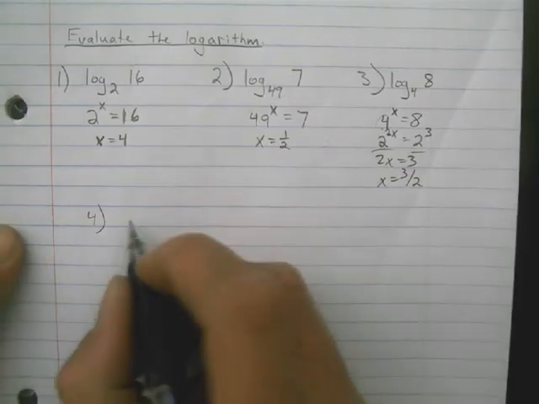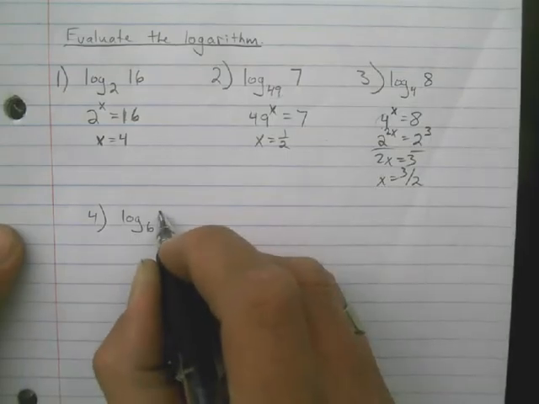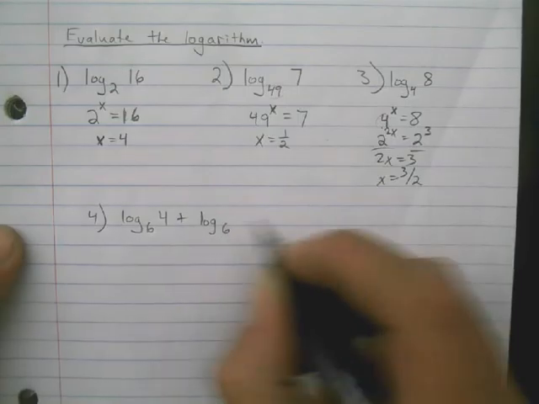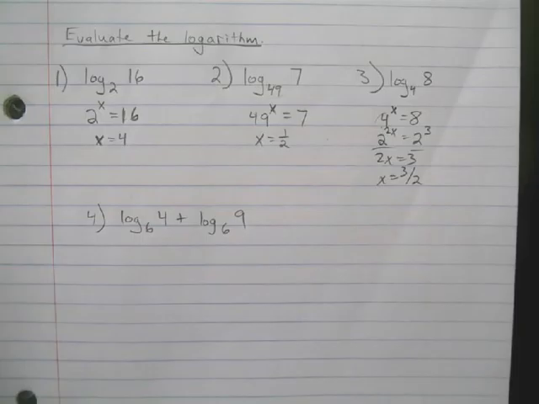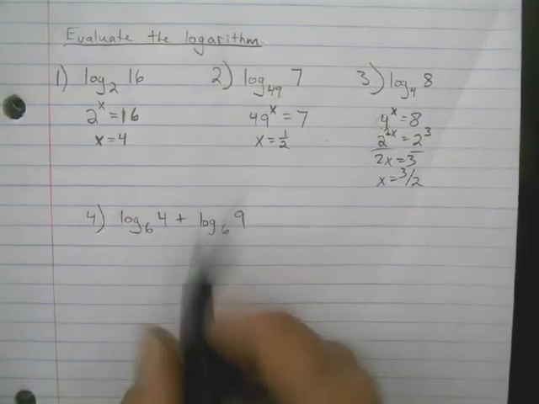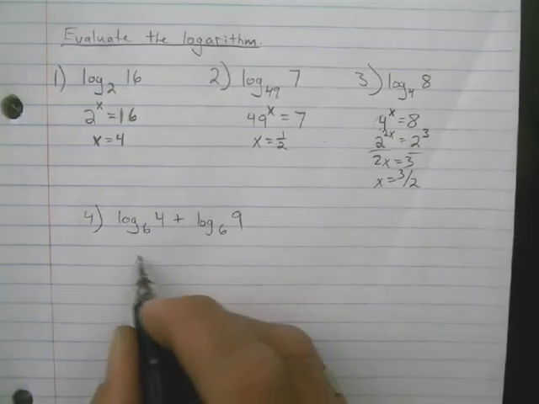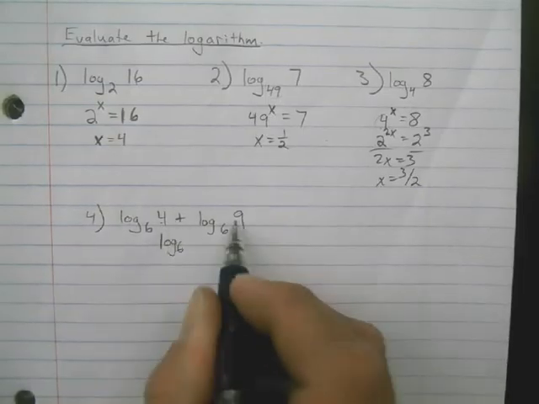So we have log base 6 of 4 plus log base 6 of 9. Now we're using the properties. This is going to be the product property because of that plus sign. So log base 6 is going to stay the same, and then it's 4 times 9, which is 36, right?